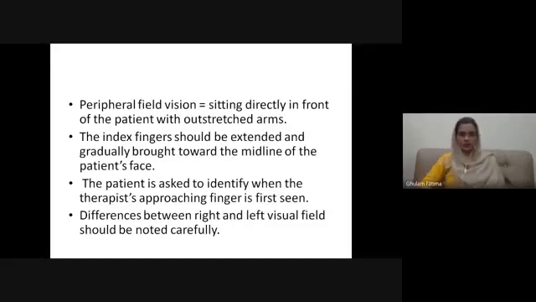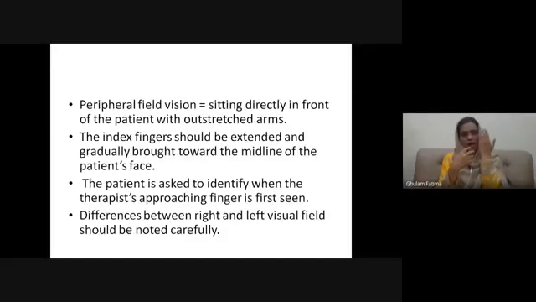Actually, the procedure is that you sit in front of the patient, and this is also called the confrontation method. You cover one eye, and the patient covers the opposite eye, and you compare your visual field with the patient's visual field.